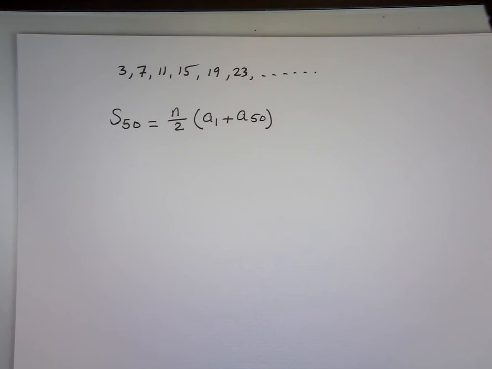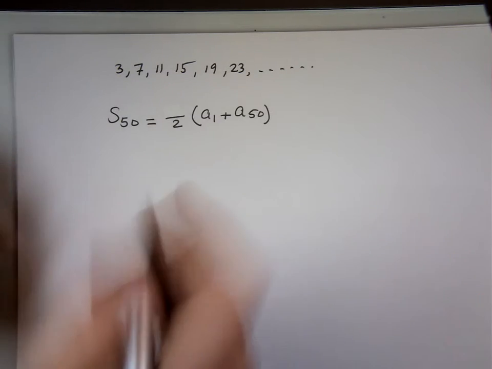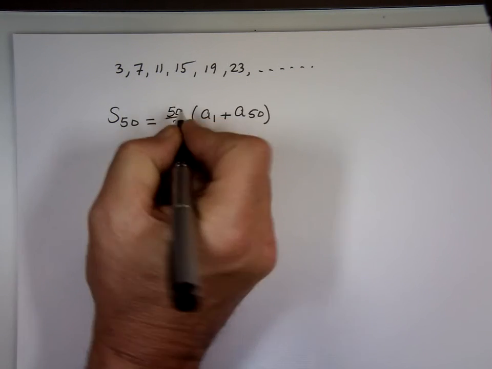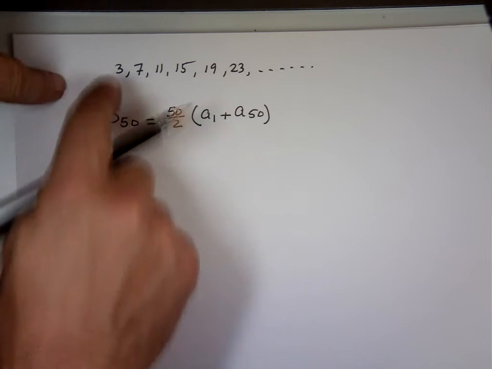What's N equal to in this example? 50, right? So we got a little problem. So this N is 50. Let me put a 50 here. So it's 50 over 2 times A1 plus A50. Well, we don't know A50. I only know the first 6 numbers.